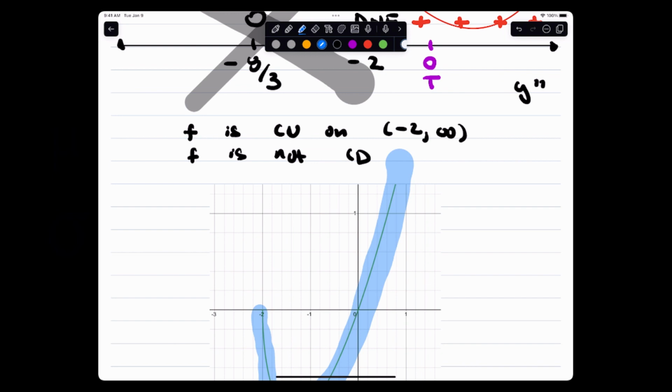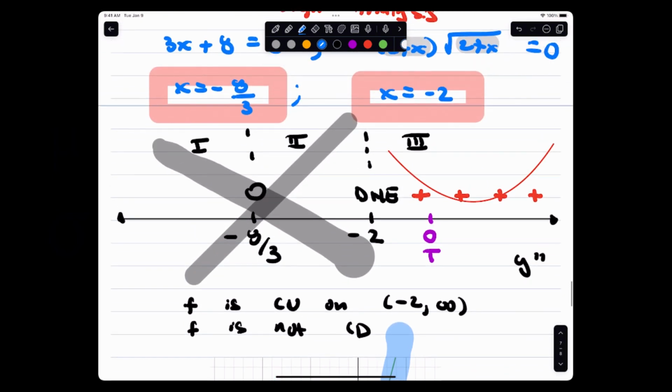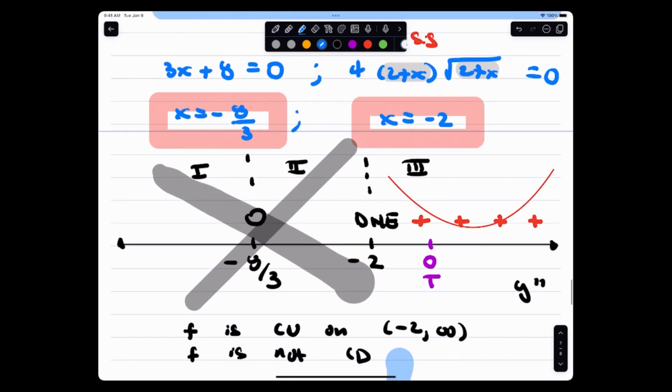Easy peasy lemon squeezy. So I think you assume students could do derivatives. You assume they could do sign analysis. You guys know what I'm saying? So this is kind of where we're at. We're doing concavity now. Let's see here.